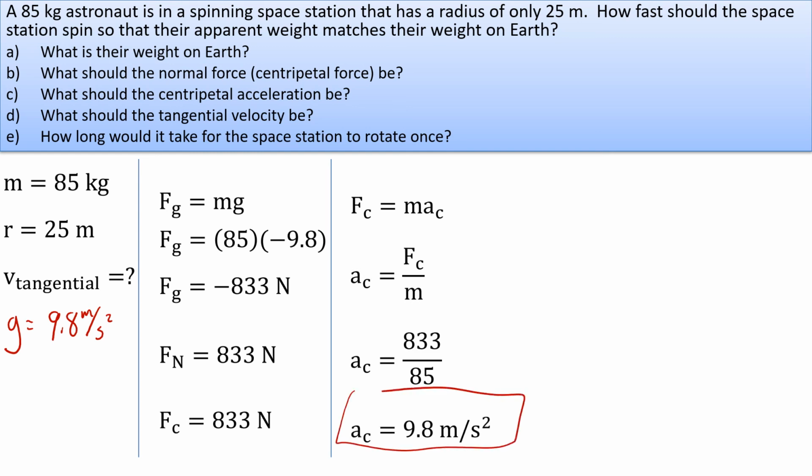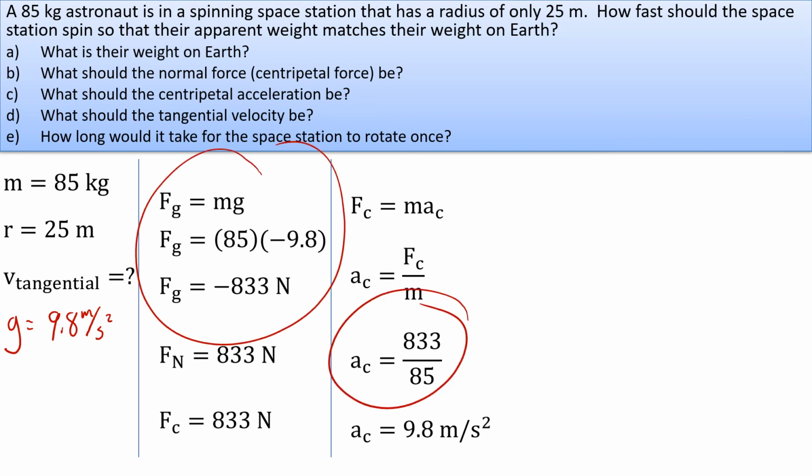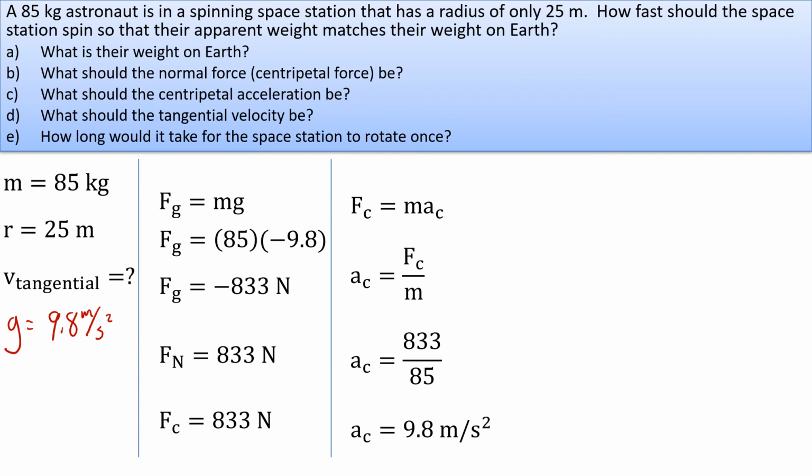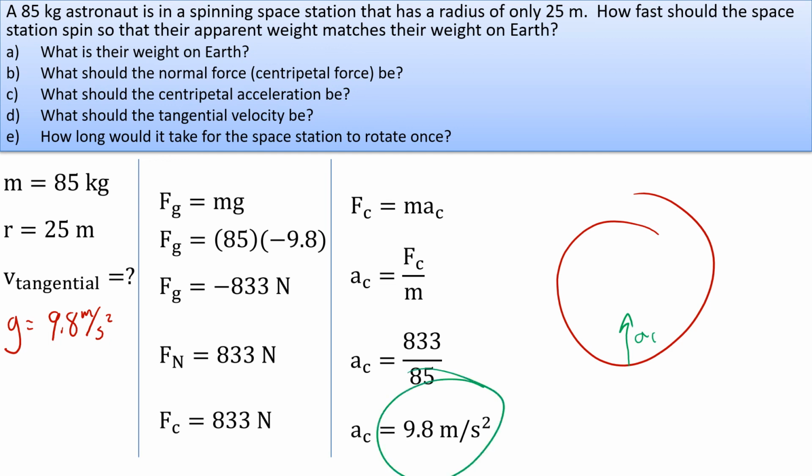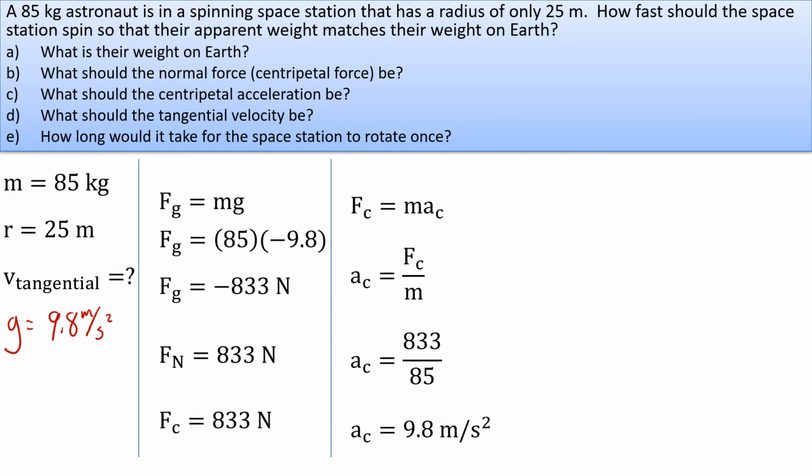It's 9.8 meters per second squared because you're basically undoing the math that you just did to get the artificial gravity, right? We want 1g. So we want the space station to spin in a circle so that there's a centripetal acceleration of 9.8 meters per second squared. That is artificial gravity right there.